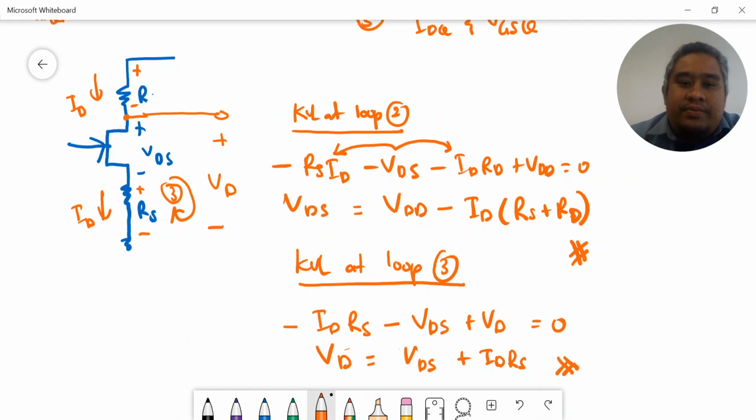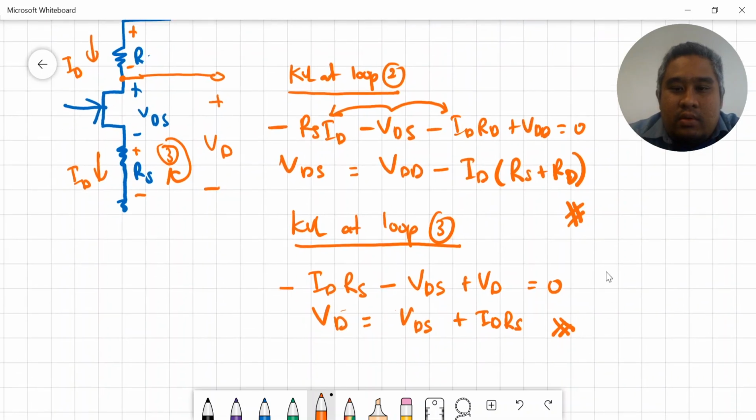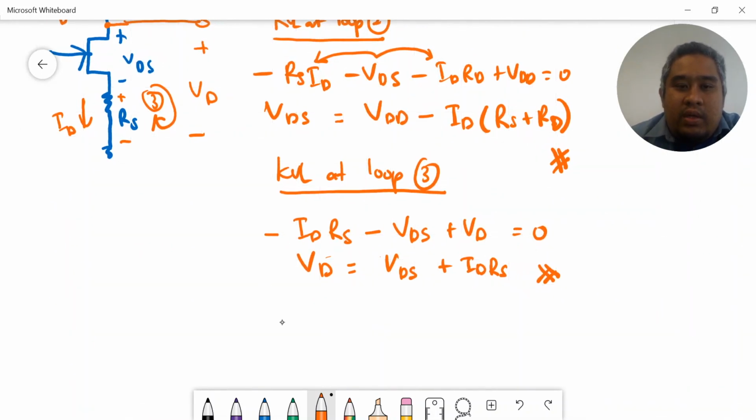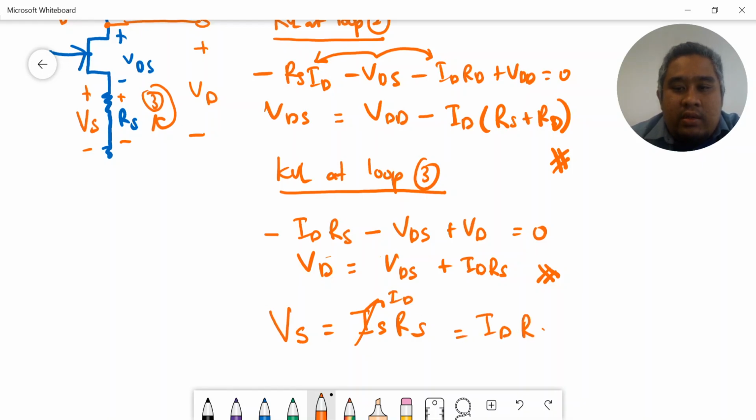Okay, settle. And then we can calculate VS. VS is here, positive negative, equal to IS RS. This one we can replace with ID. So VS equal to ID RS. Okay, settle.